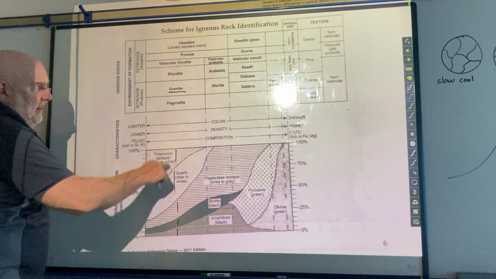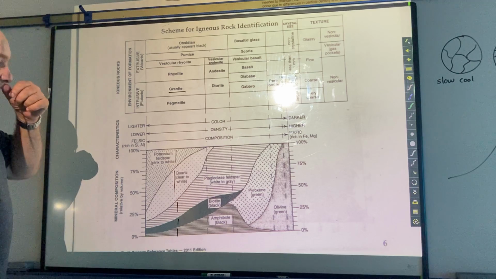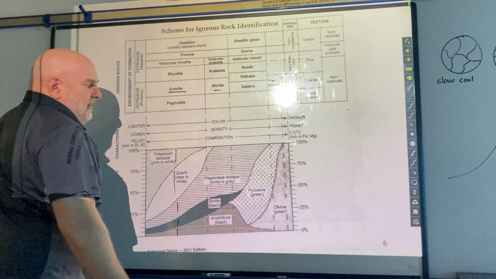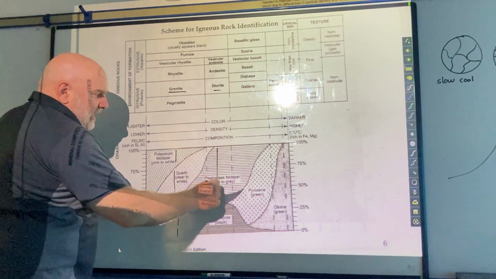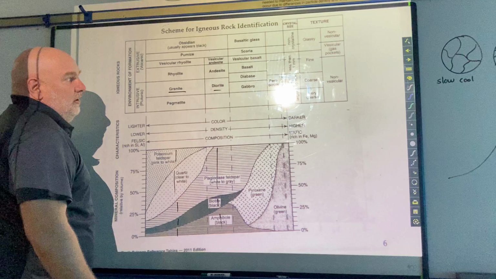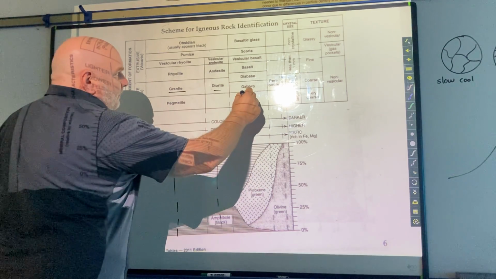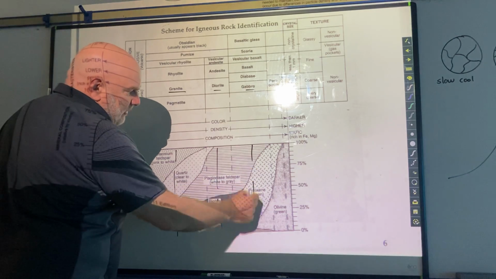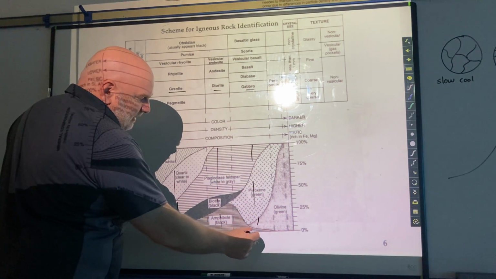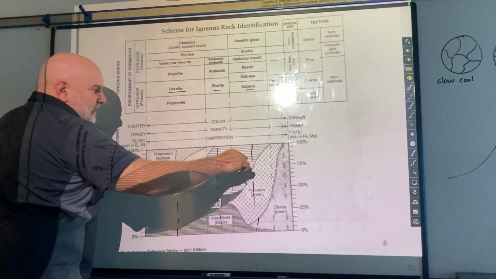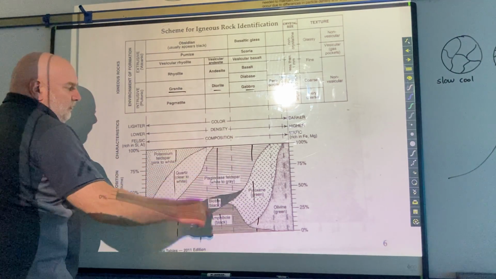In a piece of diorite, the minerals I'd expect to find are plagioclase, biotite, and amphibole. A piece of gabbro is mostly going to be plagioclase, pyroxene, olivine, and maybe a little bit of amphibole.